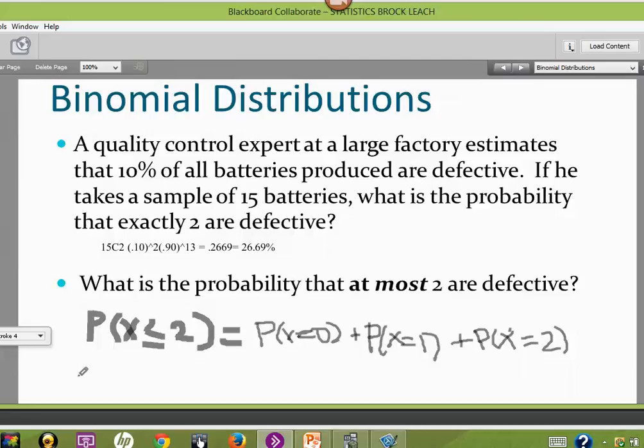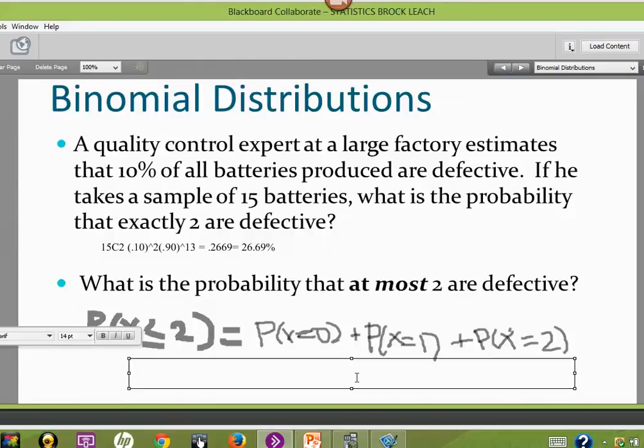At any rate, our binomial distribution formula only works for equals. It doesn't do the inequality like we have here. And so therefore we have to figure out all of these individually, using the binomial distribution formula with them. So what we have to do here is find the probability that we have no successes.